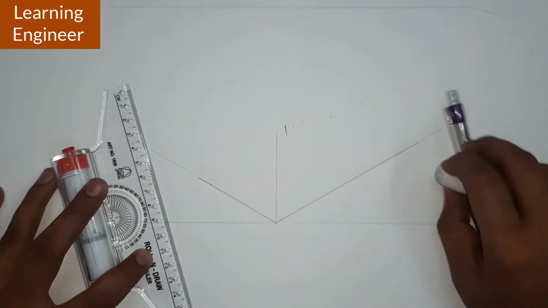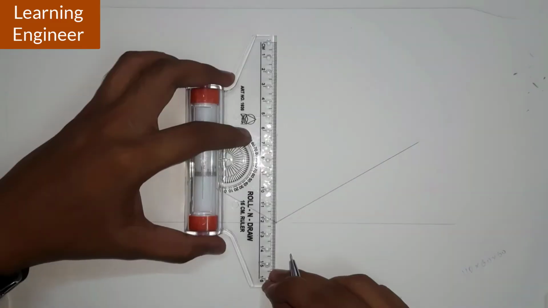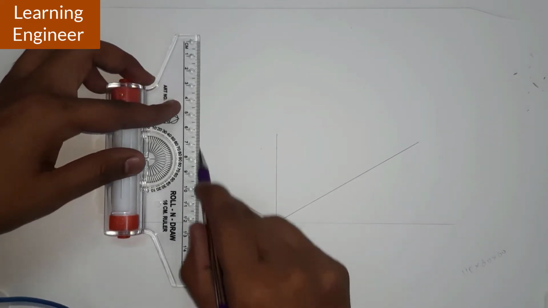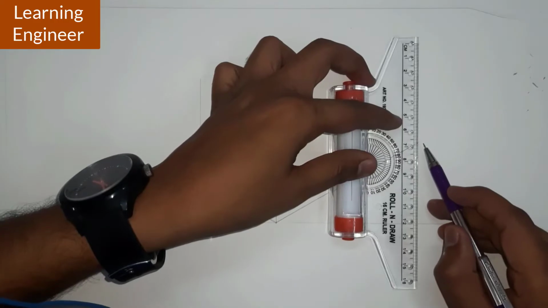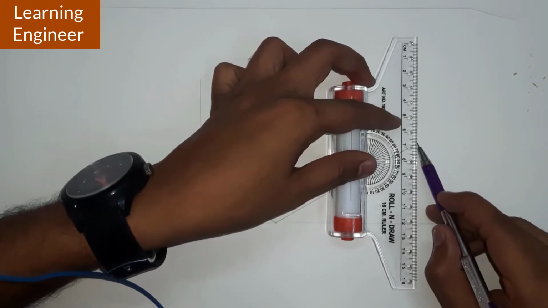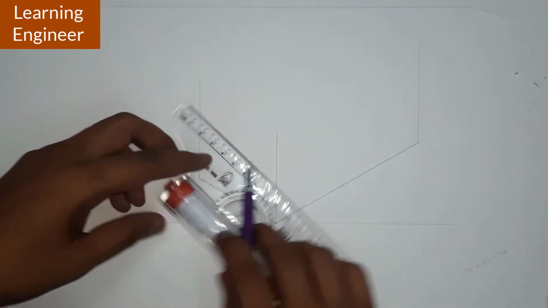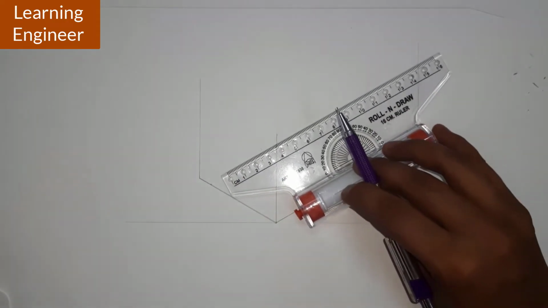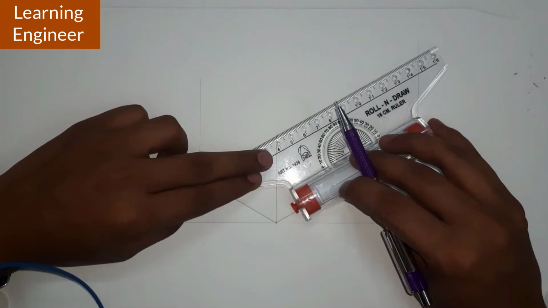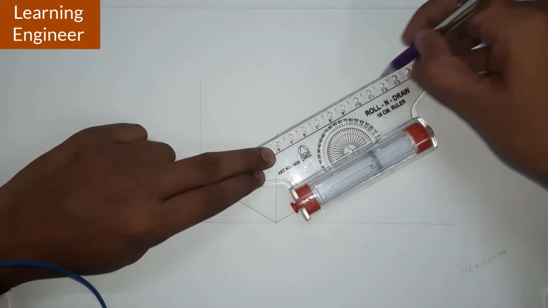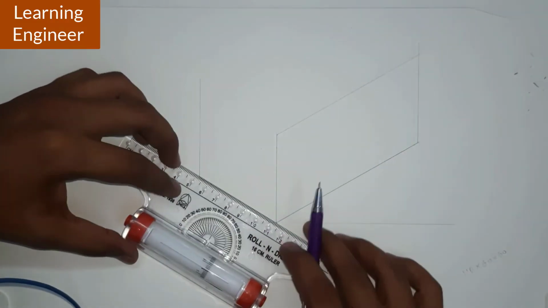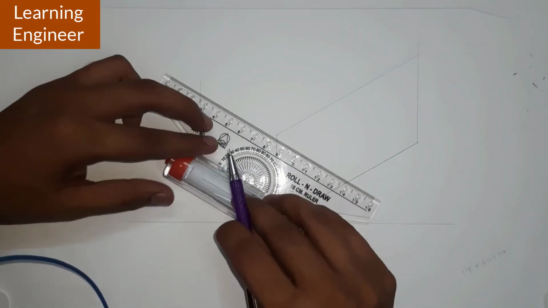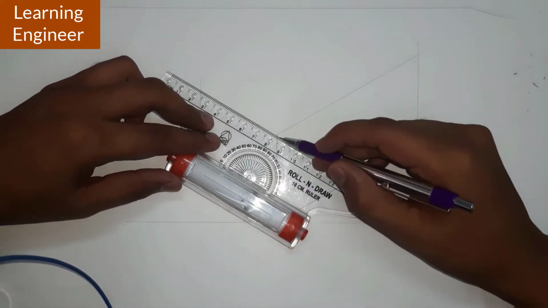Now rub the unnecessary parts which are not required. Now draw the vertical line passing through this point and through this particular point. Now we have to draw the parallel line passing through this particular point.